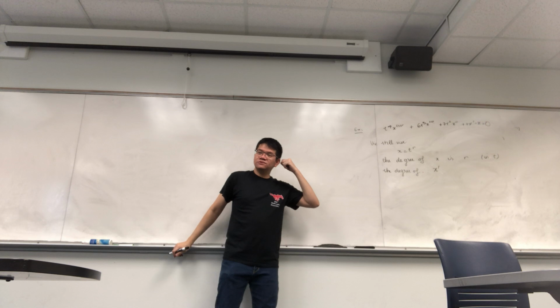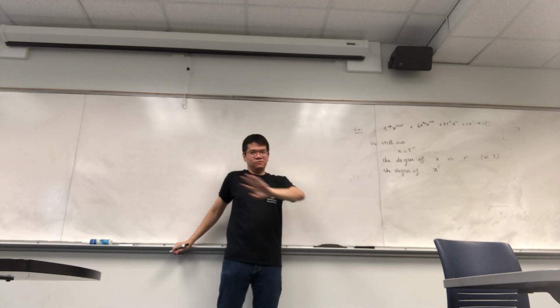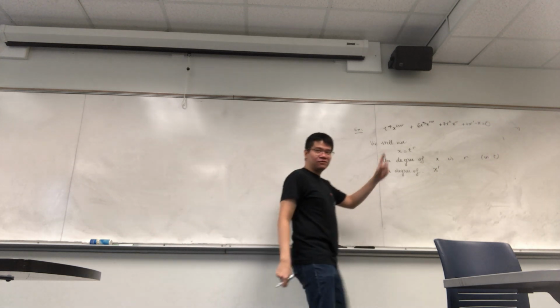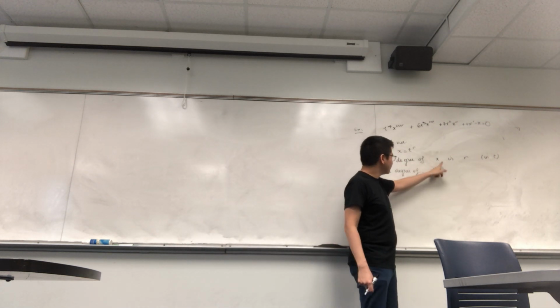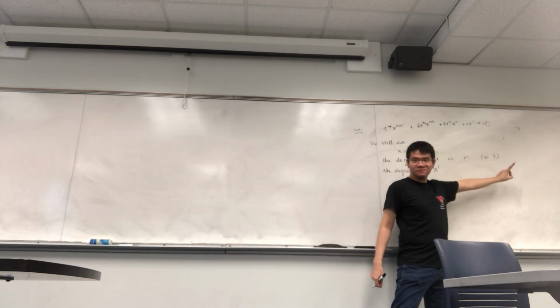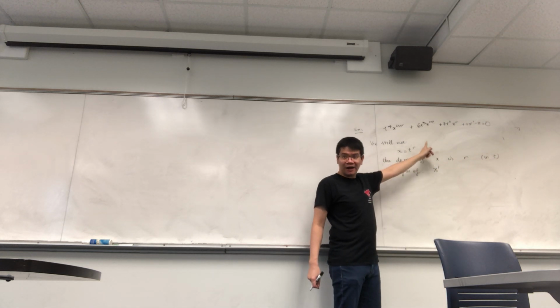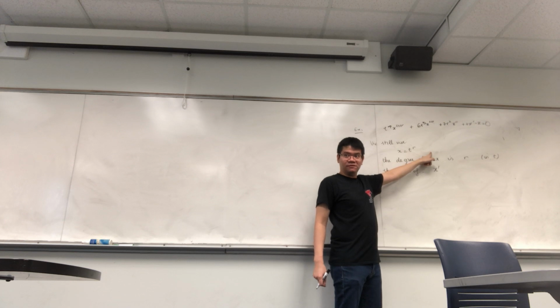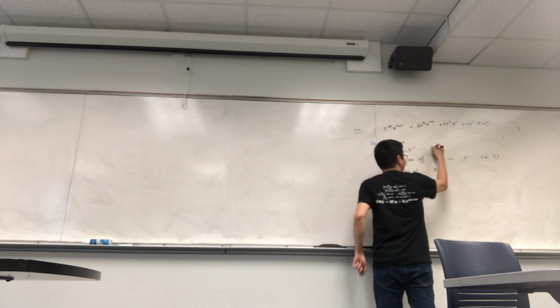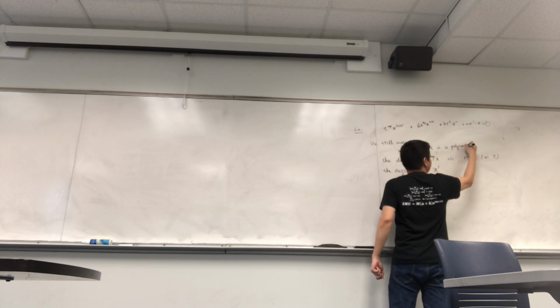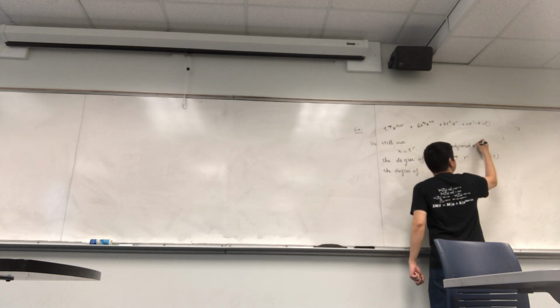I don't compute, but I know that this is the good one, right? Why? Because I look at the degree. So the degree of x is r in t, because x is a polynomial of degree r in t.